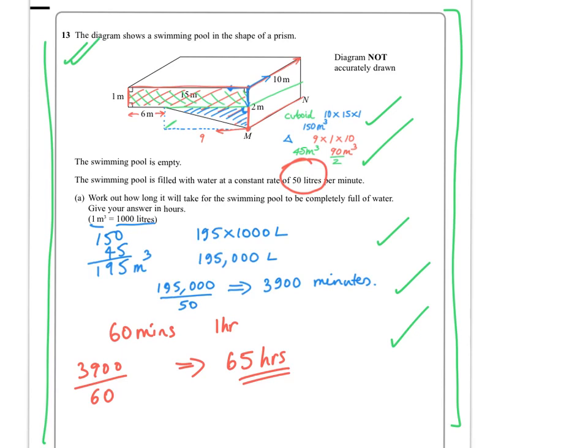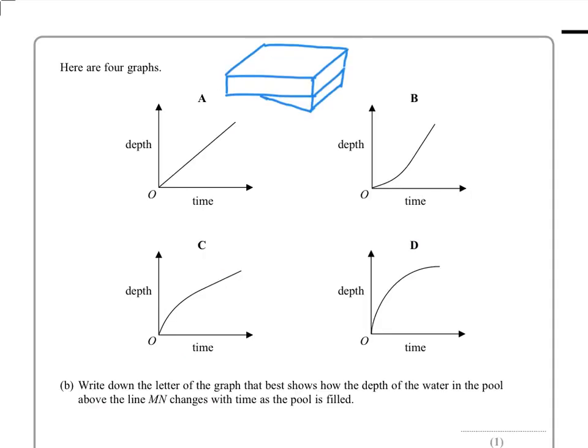Okay, let's have a look if there's any more to this question. Well, I think I'll have to turn the page and go to the next part of this question. For this question, I think you've got to be really careful, because if this is the line MN here, and you want to start filling the water from there, you've got two different types of prism to fill in terms of the swimming pool.